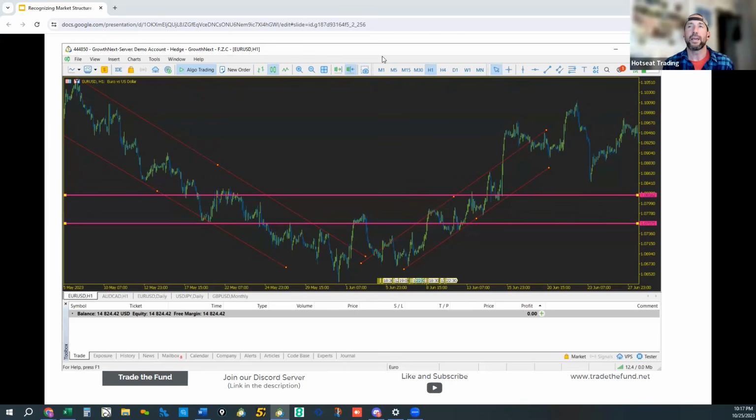Simply understanding that market structure exists, and that when you open up your charts as part of your daily routine, you're working out your price cycles, your short-term bias, and the market's long-term bias, which is the market structure.